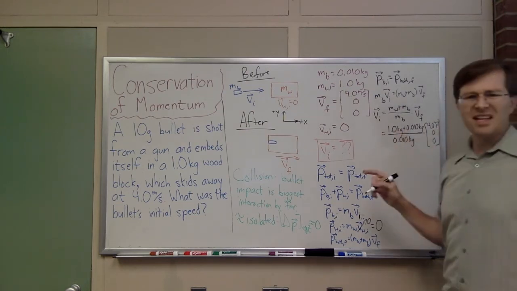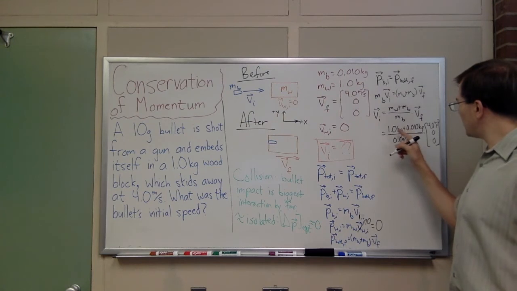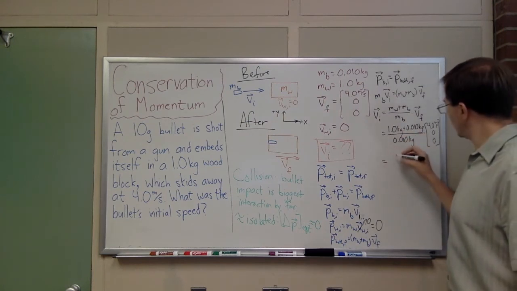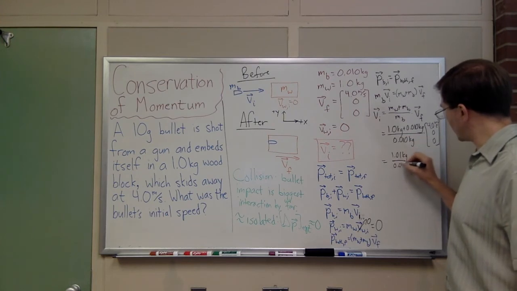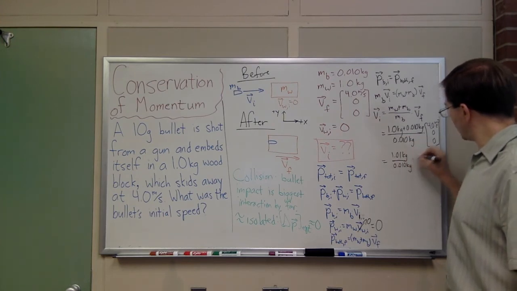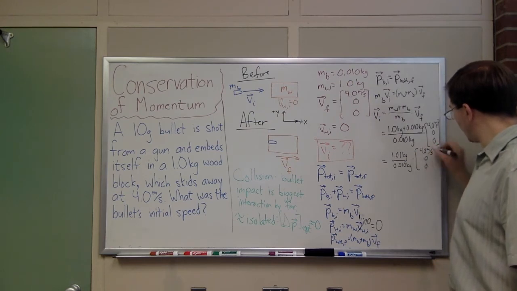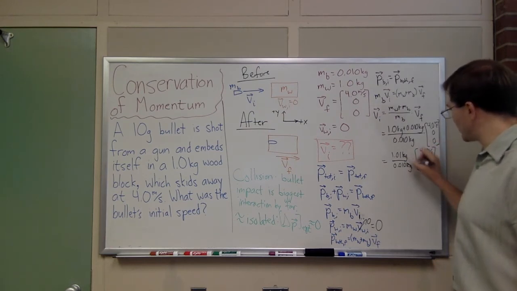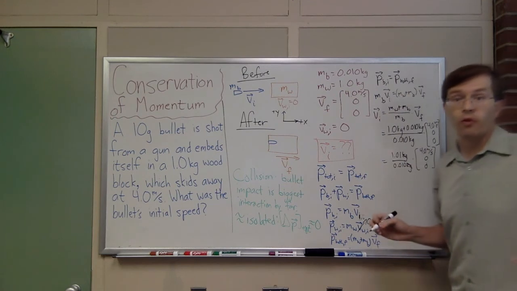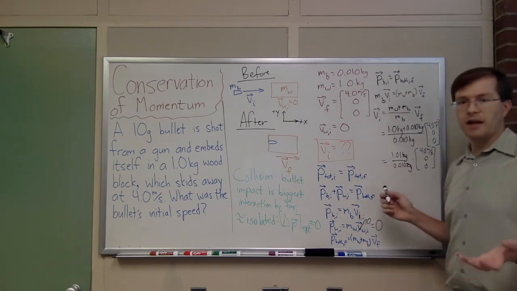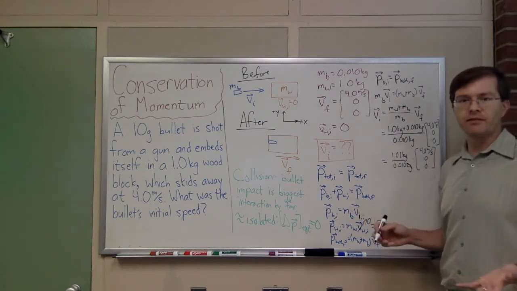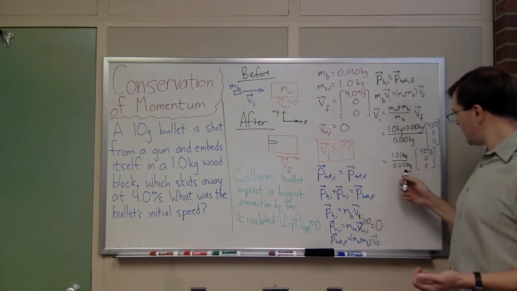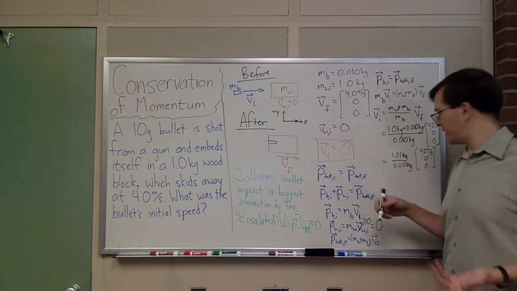And hey, this numerator, I guess I can write it as 1.01 kilograms over 0.010 kilograms times 4.0 meters per second, 0. And the kilograms will cancel out. The units cancel. That's what I hope for in this situation because I want to come out with meters per second as my units in the end. Those cancel. And dividing by 0.01, I can multiply top and bottom by 100 and simplify this out.